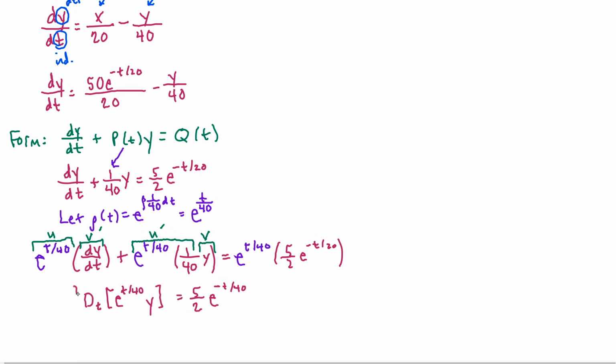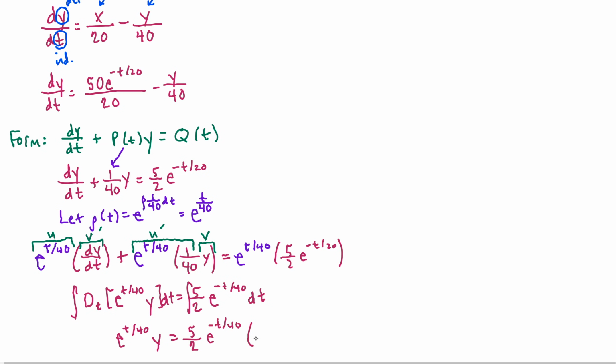Now we are ready to integrate both sides with respect to t. Left side's easy. We simply get e to the t over 40 times y. On the right side, we have our constant multiplier 5 halves. We make a copy of the exponential exactly as it appears, and then we divide by the derivative of the exponent. The derivative of the exponent is negative 1 over 40.